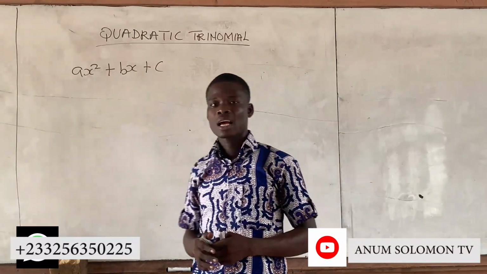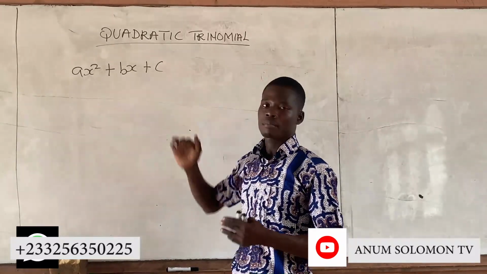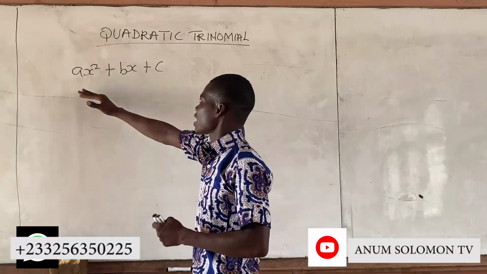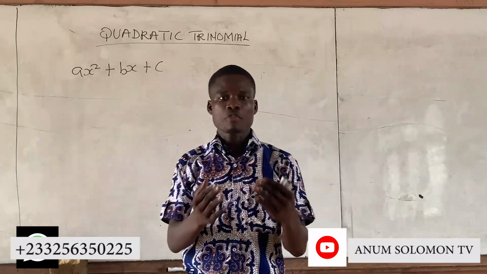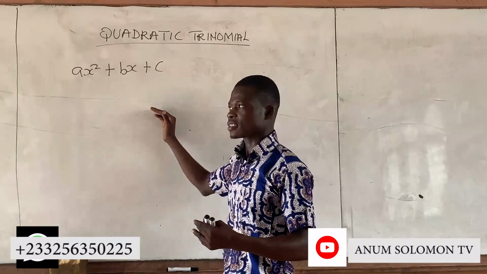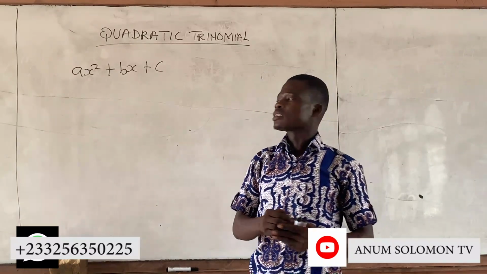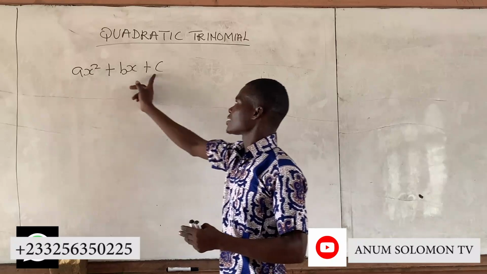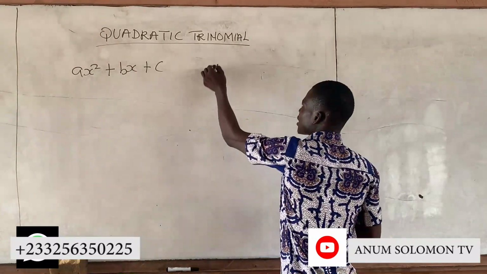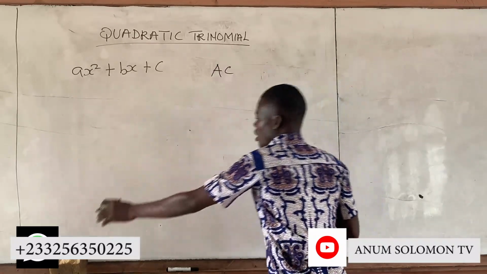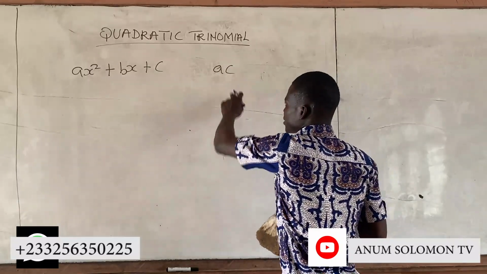So now, let's look at how to factorize a given quadratic trinomial problem. So suppose we have ax squared plus bx plus c, and we are asked to factorize this expression. The first thing to do is to find the product of the a and the c. So when you find the product of the a and the c, you have your ac. That's a times c, get ac.